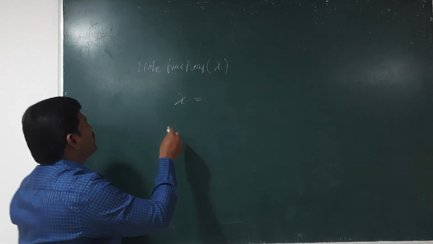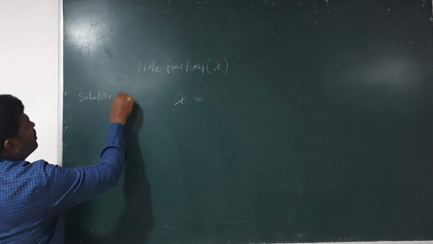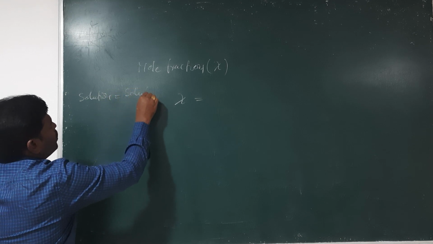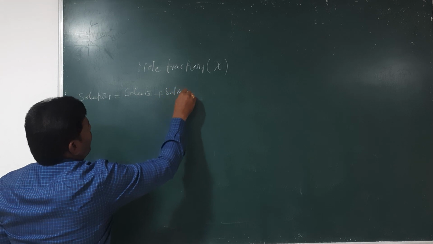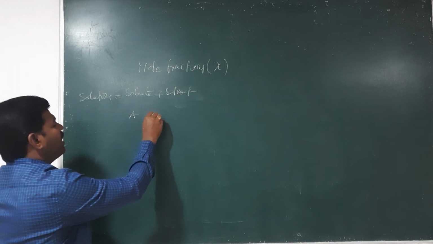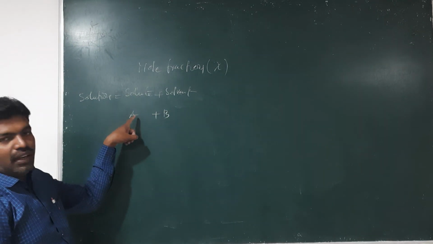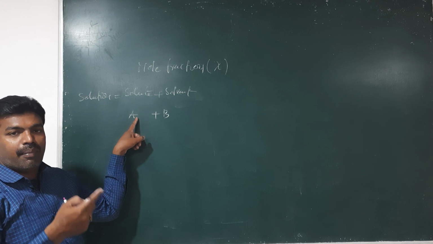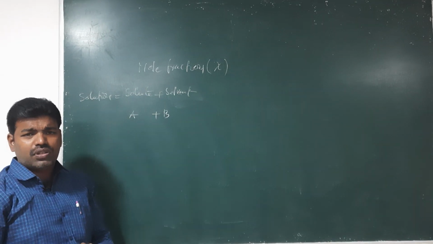That is, solution is equal to solute plus solvent. If you take A as solute and B as solvent, A has its own number of moles and B has its number of moles.